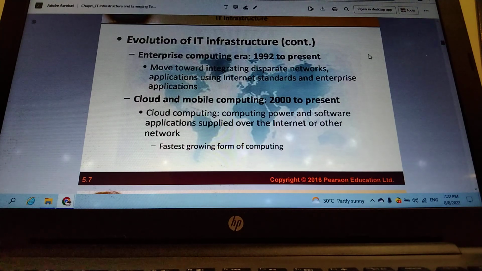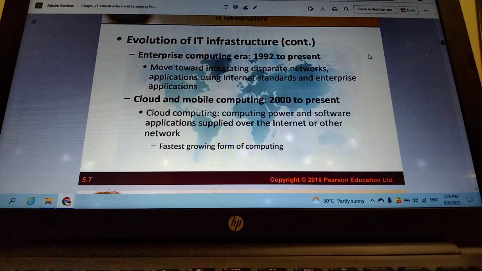So what is cloud computing? Just for your knowledge, it is computing power and software applications supplied over the internet or other network. It is not necessarily the internet; it can be over a virtual private network, or any networking platform.